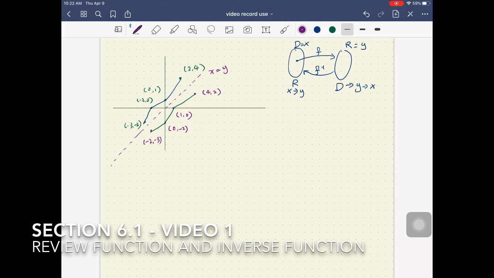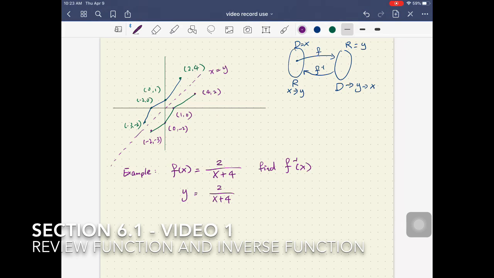Then if I have an actual algebraic function rather than a graph, f of x equals 2 over x plus 4, and I want to find its inverse, f inverse of x, I follow the same idea and process. First, I change the f of x to y, because f of x equals y. f of x is just a fancy way to call y.